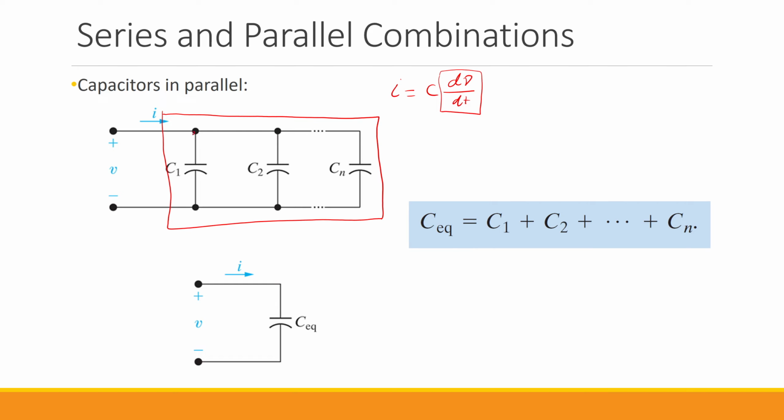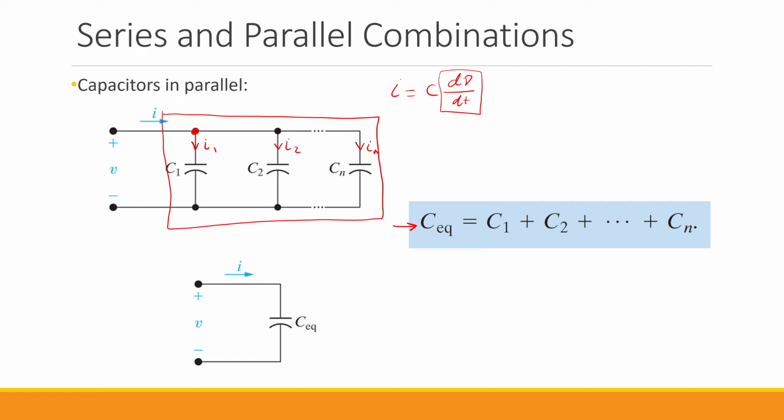Then we write the KCL for this node, which means that I, the current that enters the node, equals the sum of all the currents that leave the node. Using this analogy, the equivalent capacitance is the sum of all the capacitors.